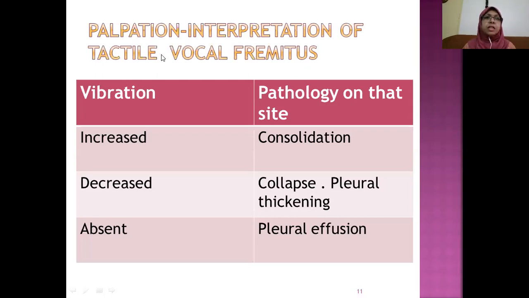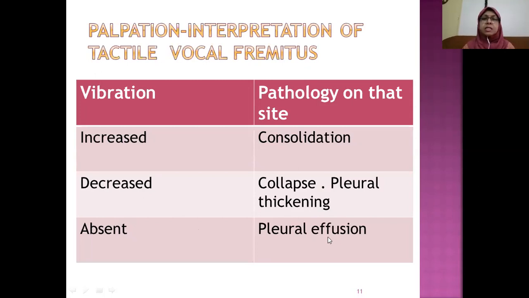Interpretation of the tactile vocal fremitus. When the vibration is increased, it is due to consolidation, as occurs in pneumonic consolidation. If the vibration is decreased, it is due to collapse or pleural thickening. If vibration is absent, it is due to pleural effusion.